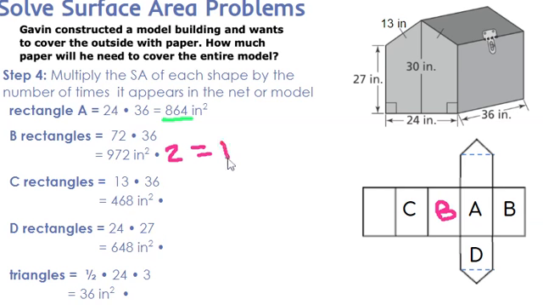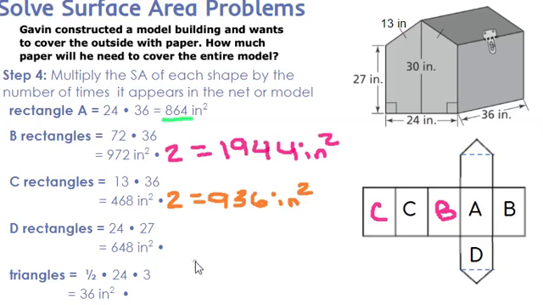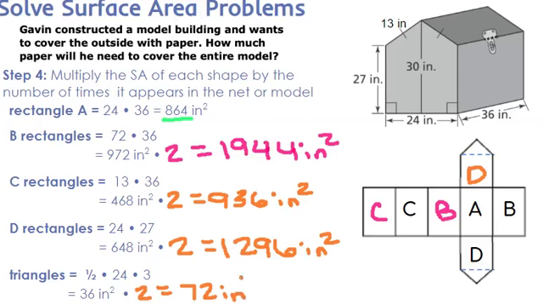And when I do that, I get 194 inches squared. For rectangle C, again, I have 2 rectangle C's, so I'm going to multiply that by 2. I also have 2 rectangle D's. And finally, I have my 2 triangles, so I'm going to multiply 36 by 2 for 72 inches squared.